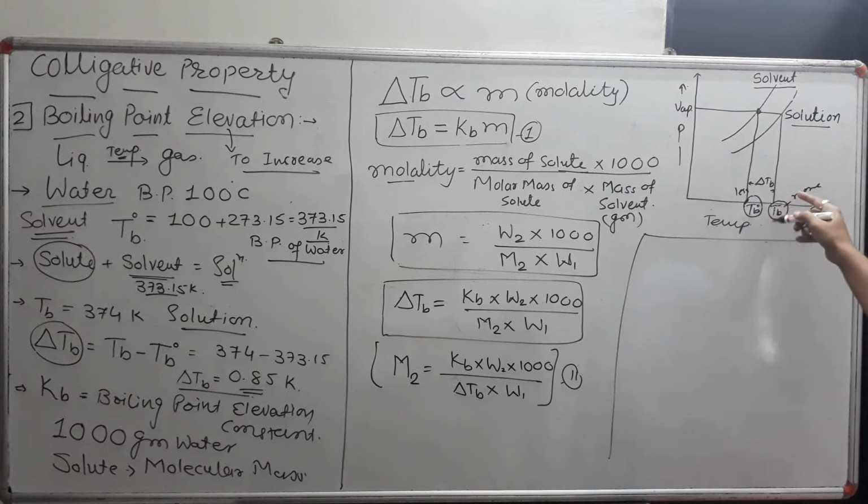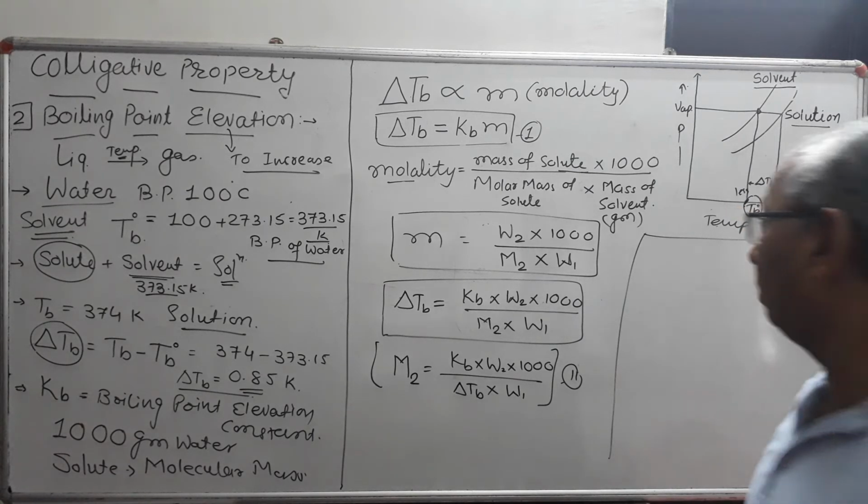This is delta TB, that is final minus initial. Final boiling point means boiling point of solution, initial boiling point means boiling point of the solvent, friends.